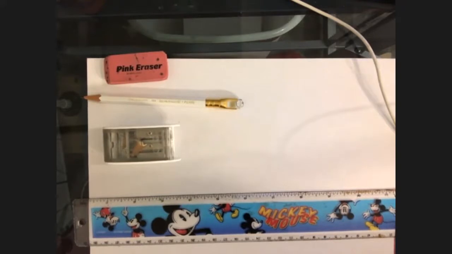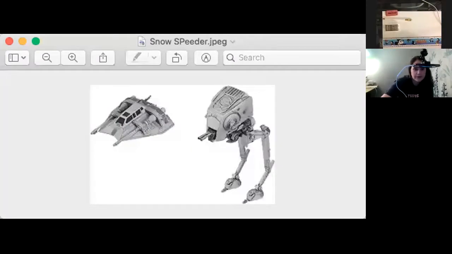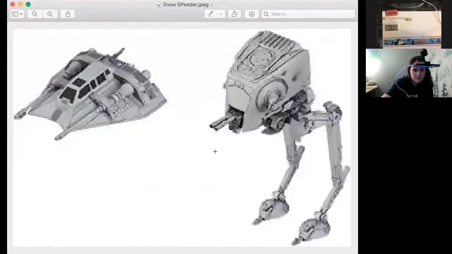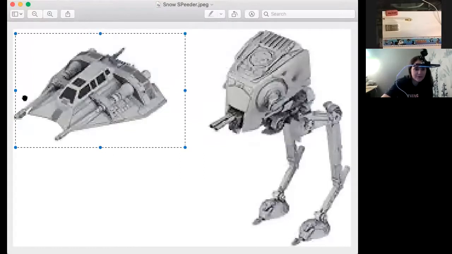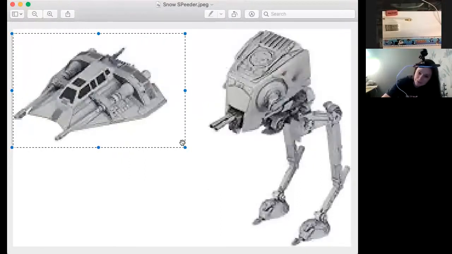Okay. Now I'm sharing my screen. Here we go. Okay, so this is what we've got today. It's kind of a fuzzy picture, but this is what we're going to be drawing, okay? So again, ignore the ATST. That will be when we draw Endor. But today we've got the T-47.